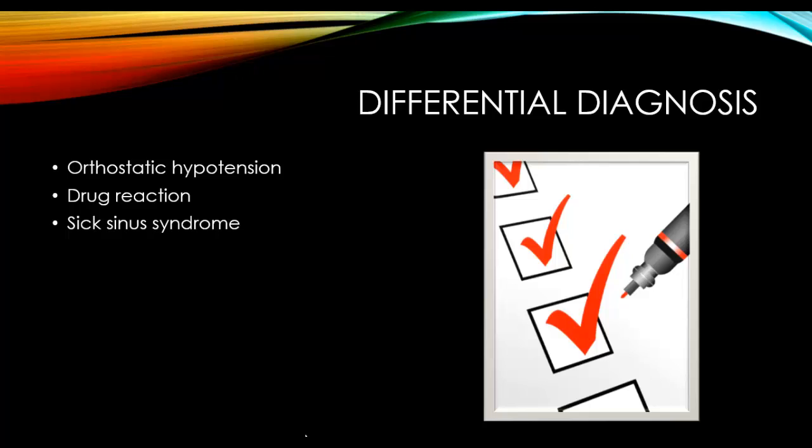But the ones I really want you to focus on for this class would be the orthostatic hypotension that we've already discussed, a drug reaction, or over-medication, or not adjusting hypertensive medications as appropriate, and then also sick sinus syndrome, which would be your cardiac issue.